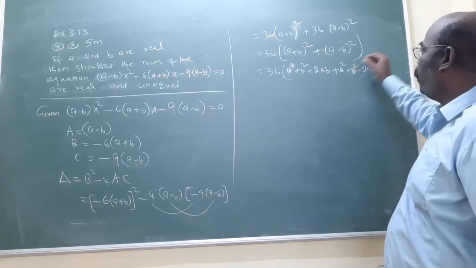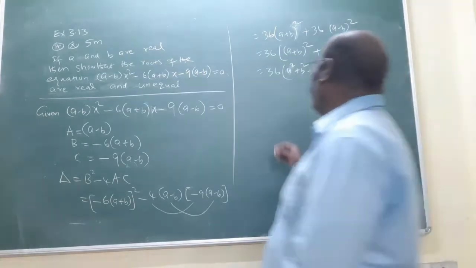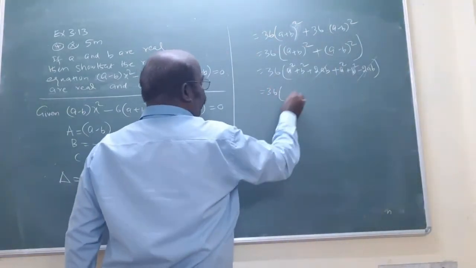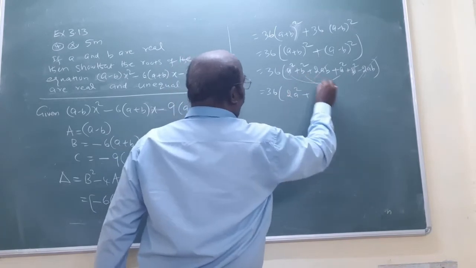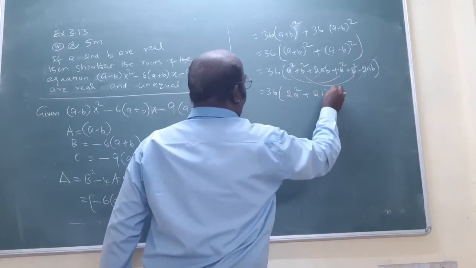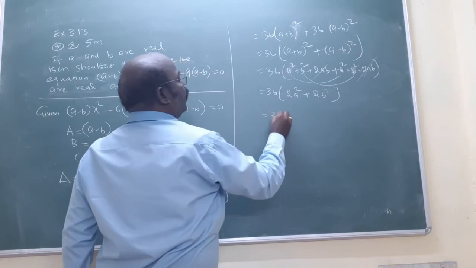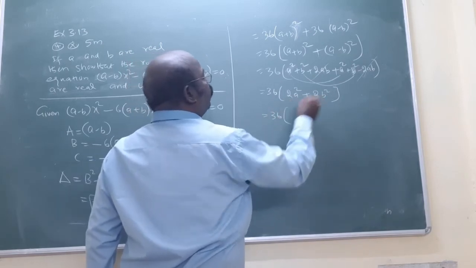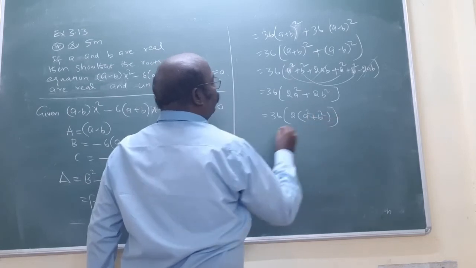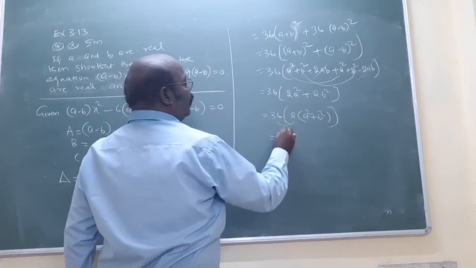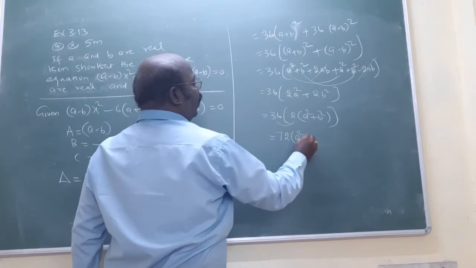The minus 2ab and plus 2ab cancel. Now, 36 into a squared plus a squared is 2a squared, b squared plus b squared is 2b squared. Out of these two terms, 2 is common. The remaining term is a squared plus b squared. Multiply both: 72 into a squared plus b squared.